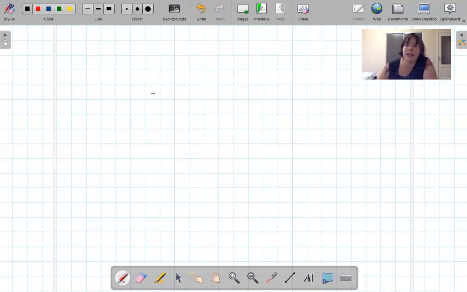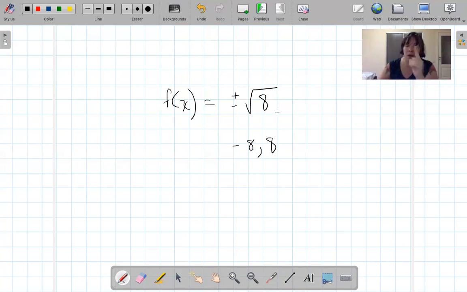If you do some wild and crazy math and you get that your answer is plus or minus the square root of 8, then it's not a function, because -8 and +8, that's two different answers. A function can only have one answer.